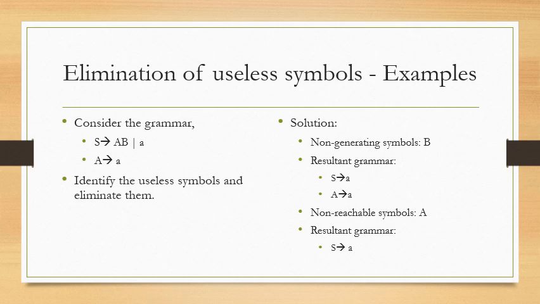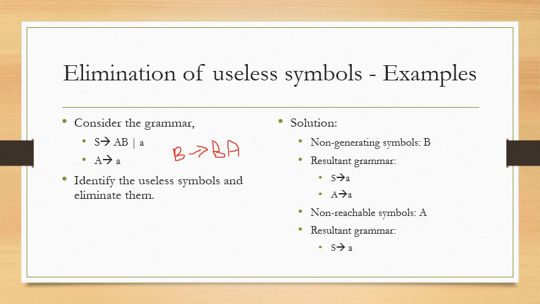Even if you have a grammar where B determines, say, BA, and we have this production rule in this grammar, is B generating? B is not generating here. Why?